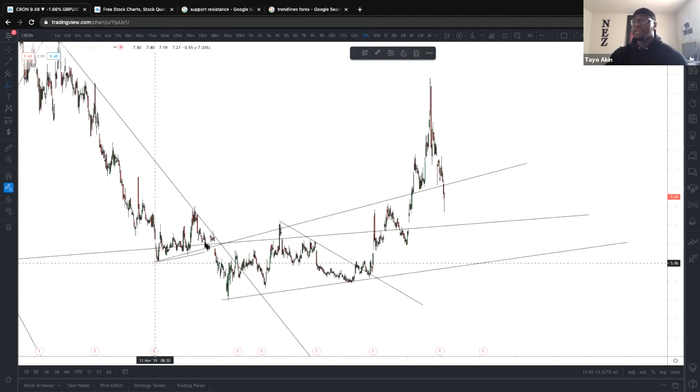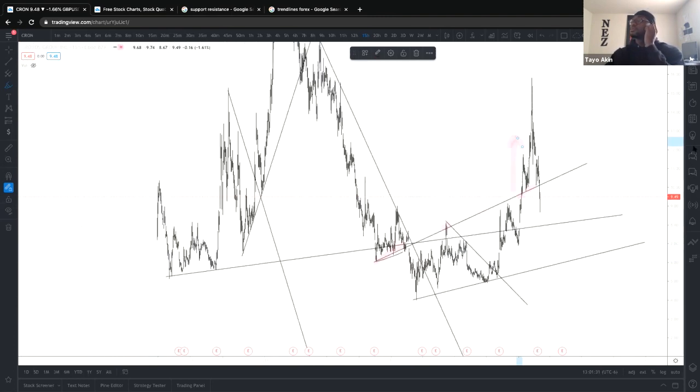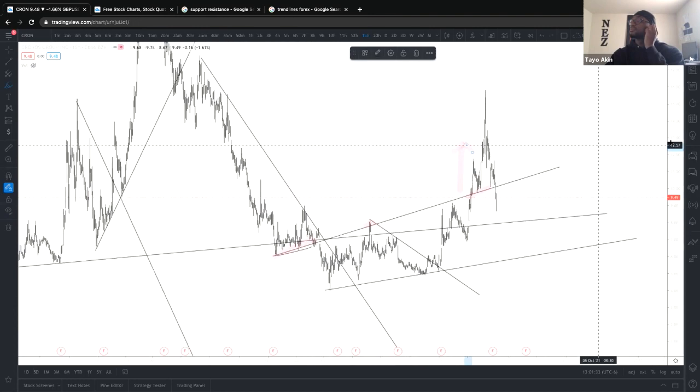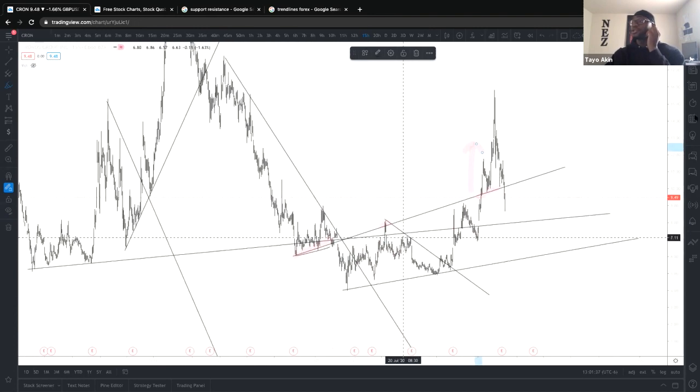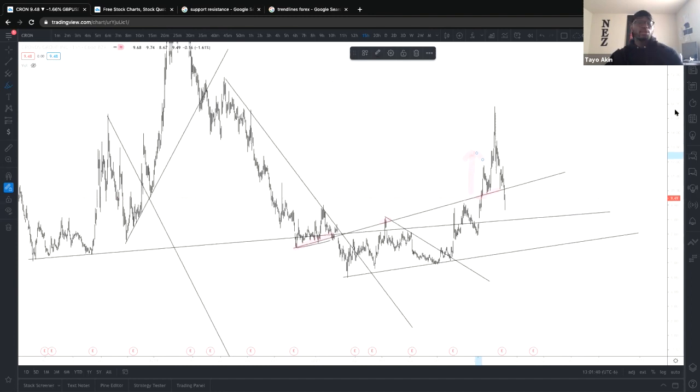All those are rejections, then another one right there, and then your most recent, which caused that bullish move up. So basically, if you take trend lines and just shoot them anywhere, you can get a possible explanation of why or when price can reverse.